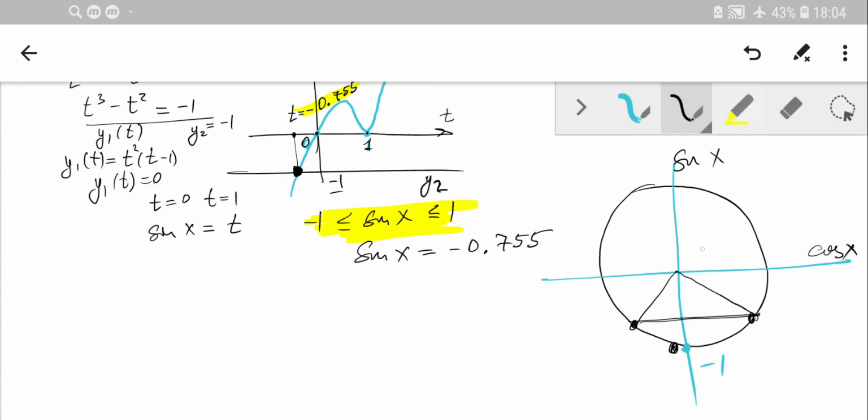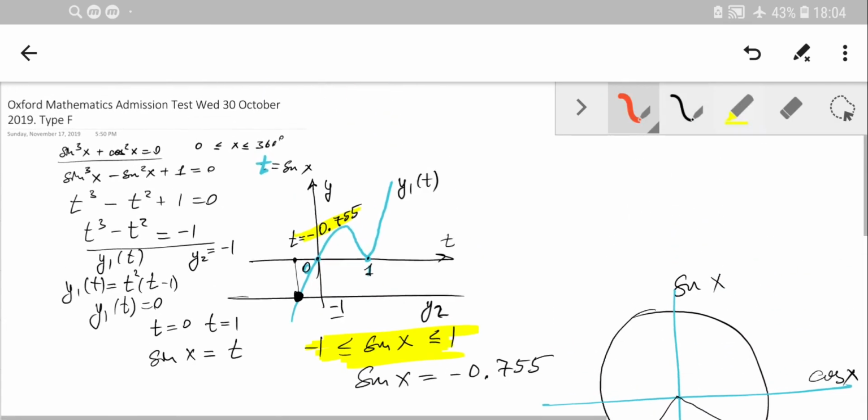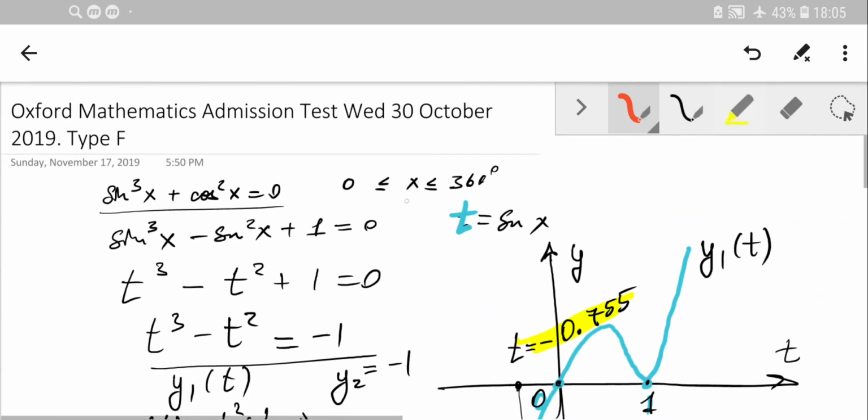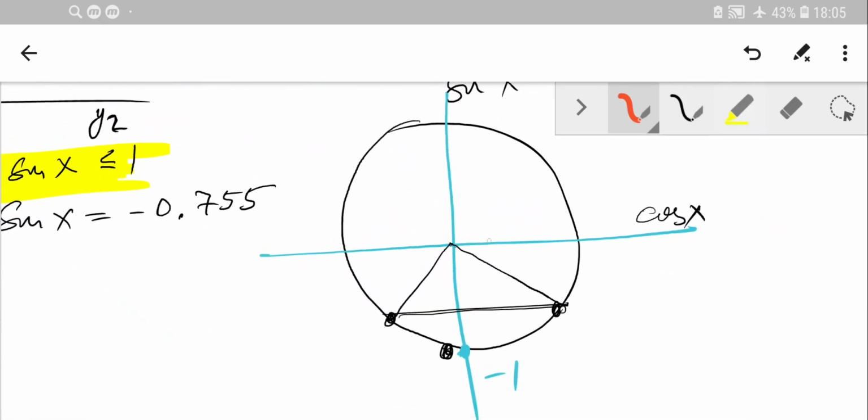I marked the angles in red. Our x values are from 0 to 360, a range intentionally given. The first angle is a bit more than 180.